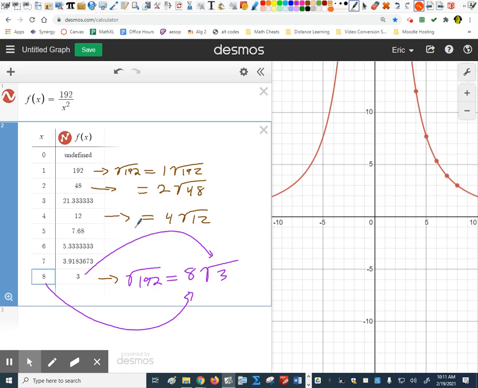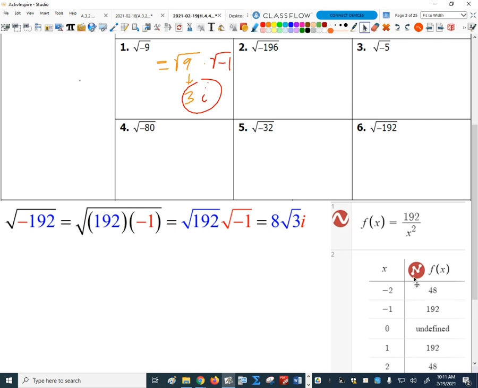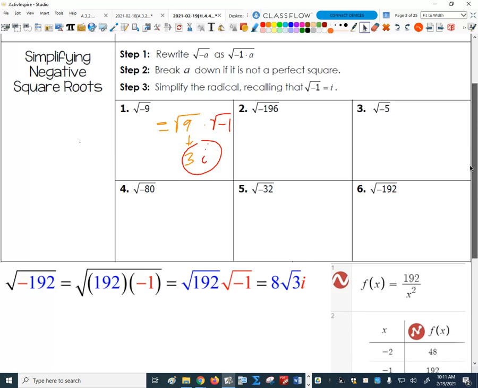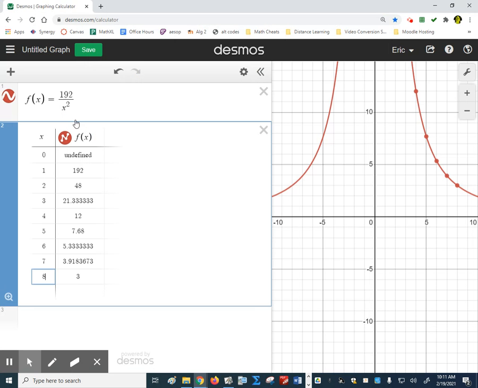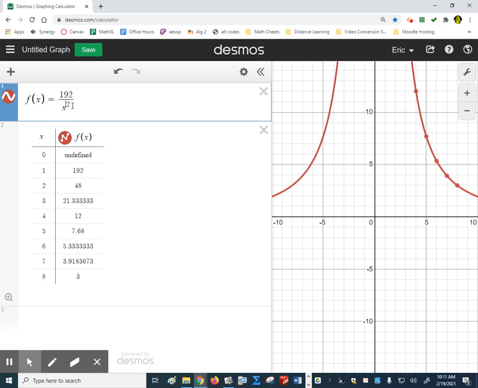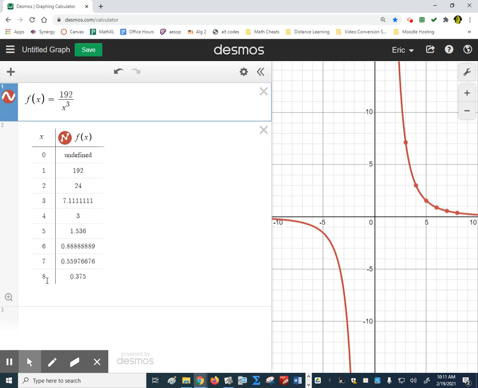And you can generalize this. I put it in the notes so you can remind yourself how to do this. But what's really cool about this also is I could use it to simplify higher roots. Like if I wanted to take the cube root of 192 and simplify that, well, all I've got to do is define the function as f of x equals 192 divided by x cubed.